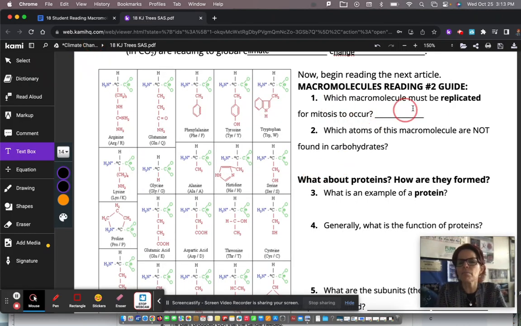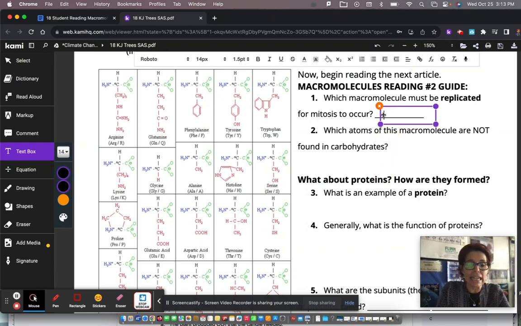So, which macromolecule must be replicated or copied for mitosis to occur? Well, that's the molecule that's in DNA. In the nucleus, that would be DNA. It needs to be replicated. Which atoms of this macromolecule are not found in carbohydrates? So remember, the carbohydrates are things like the sugars, starch, cellulose, and they all have carbon, hydrogen, and oxygen.